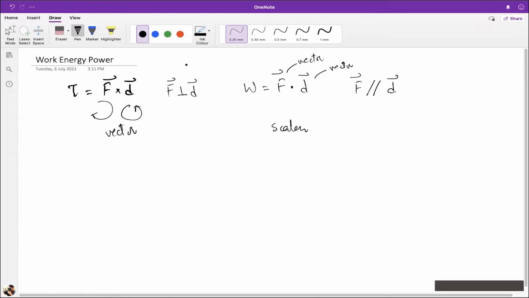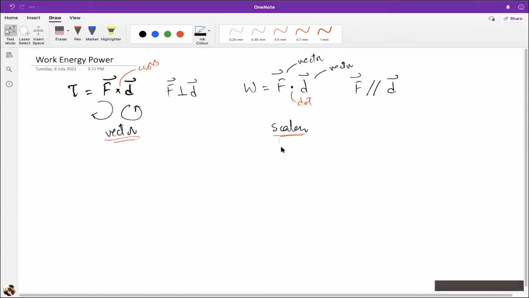Now, there's something that you'll notice here: when I multiplied force with displacement, I put a dot in there, right? And here I put a cross. Now, you will study later on in A levels or beyond that multiplication is of two kinds. One multiplication gives us a vector and one multiplication gives us a scalar. The multiplication that gives us a scalar, we call it dot.